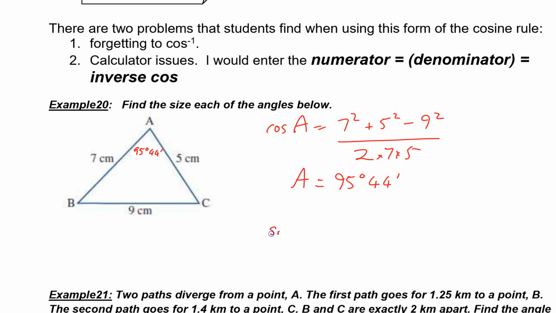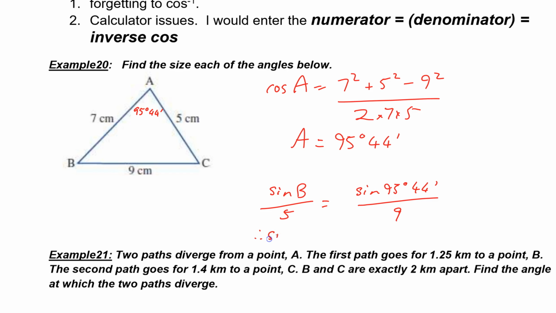I'm going to say sine B over 5 is equal to sine 95 degrees 44 minutes over 9.